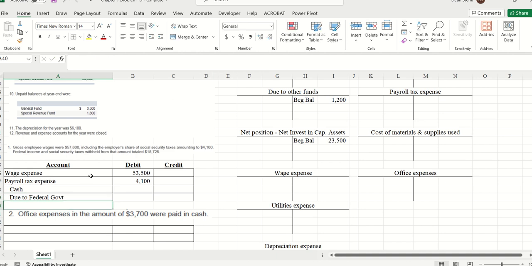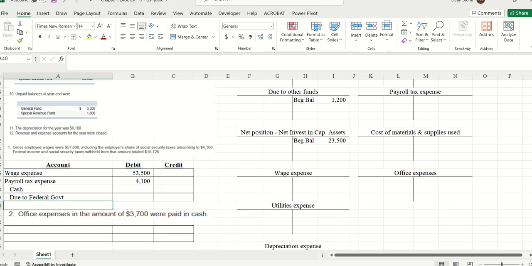Okay, how do we figure out how much is what? Well, I would say how much is due to the federal government. We're going to come up with 22,825. And how did we get that number?